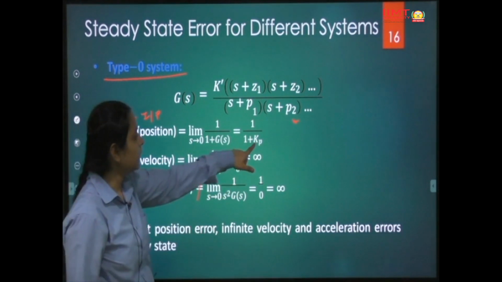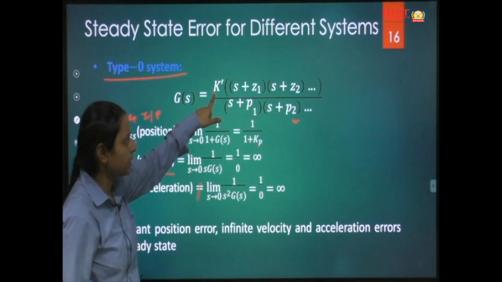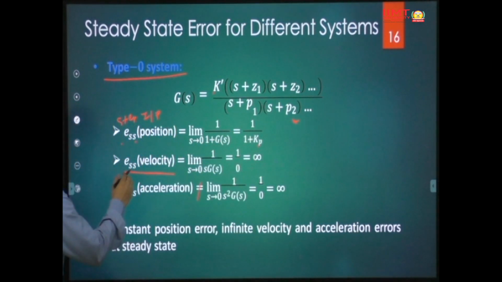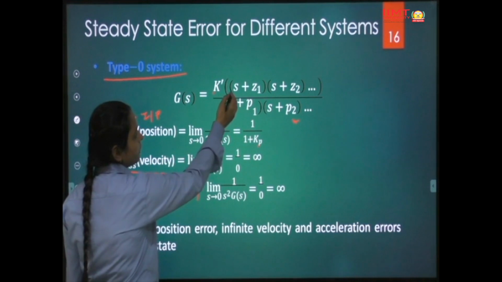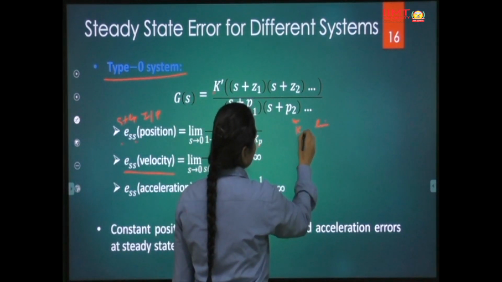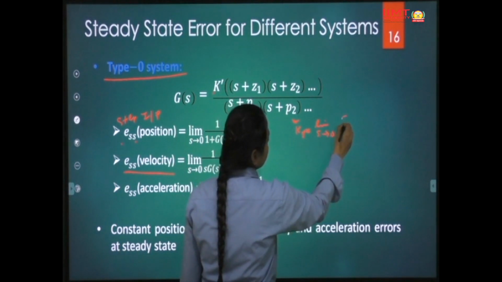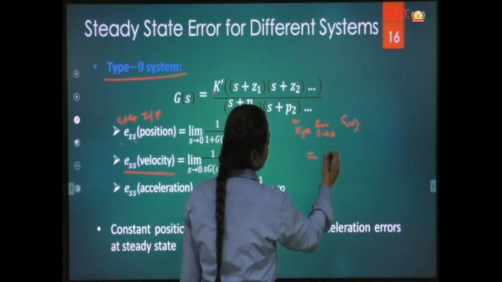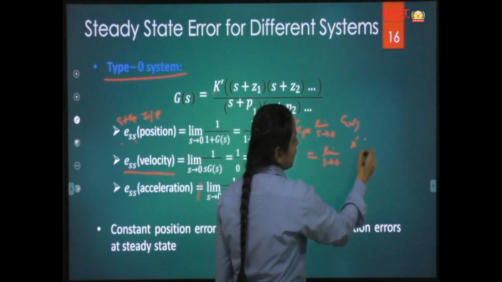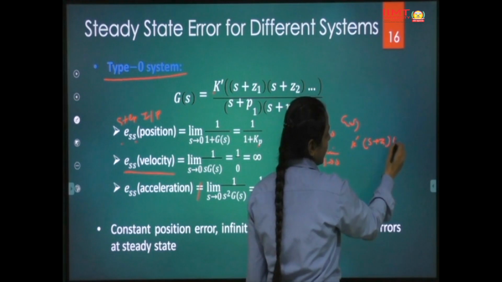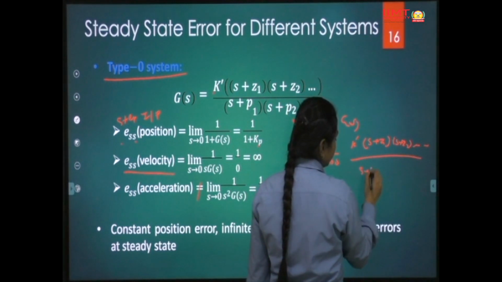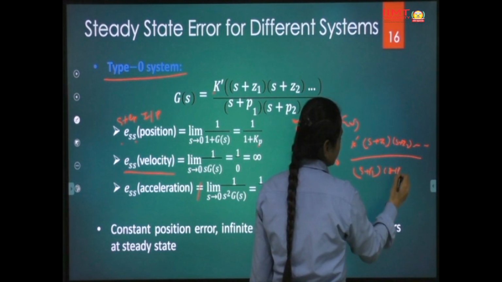So Kp would be equal to k dash into z1 into z2 and so on. Simply we can put the s value of 0. So Kp is equal to limit s tends to 0 G(s), which is equal to limit s tends to 0 k dash (s plus z1)(s plus z2) upon (s plus p1)(s plus p2).